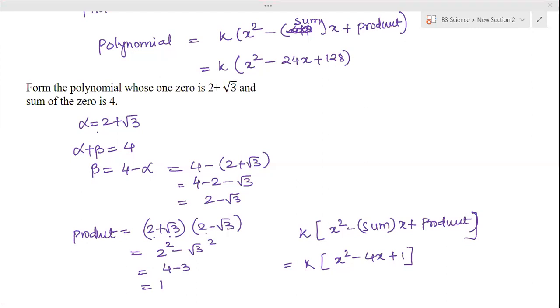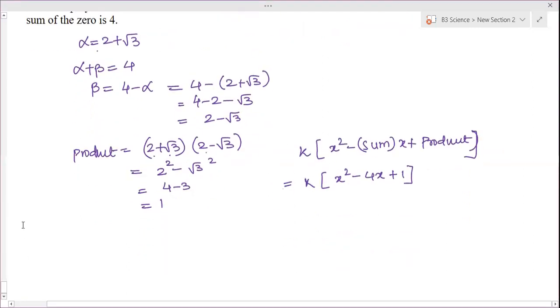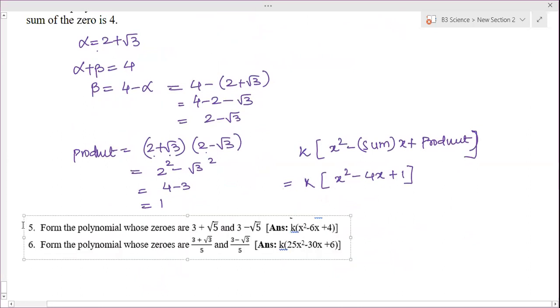Ma'am, in the 5th and 6th, both alpha and beta are given, right? Yes. Mohit, are you able to do? Mohit, are you there? Yes, ma'am. Able to understand? Yes, ma'am.